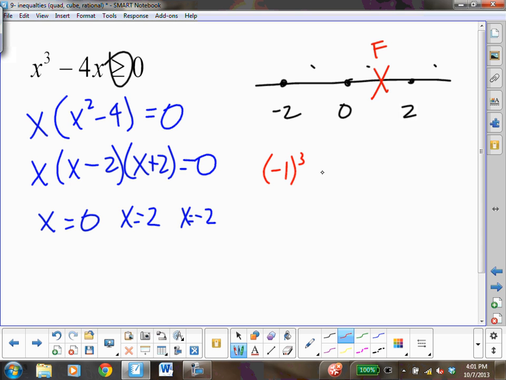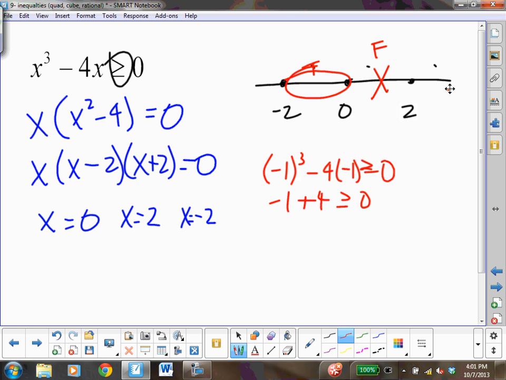So -1 to the third minus 4 times -1 is greater than or equal to 0. Is that true? -1 to the third is -1 plus 4. So that's 3, and 3 is greater than 0. So this interval here would be a true interval, or part of my solution set.